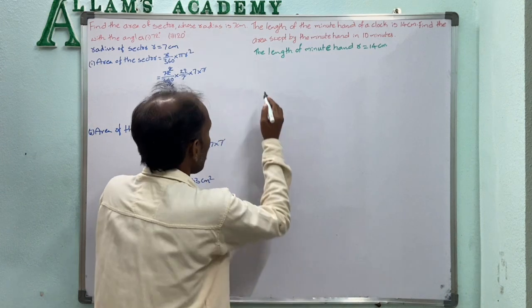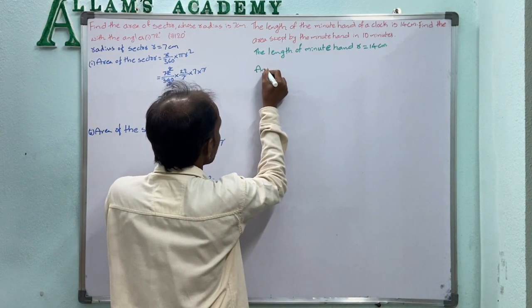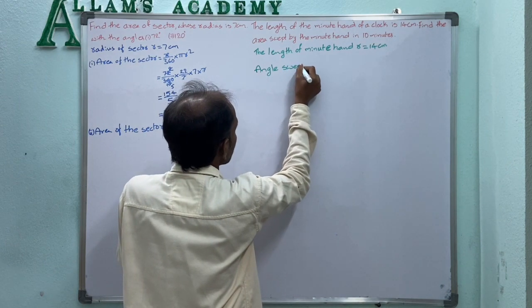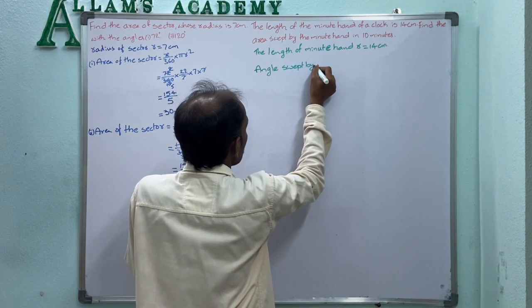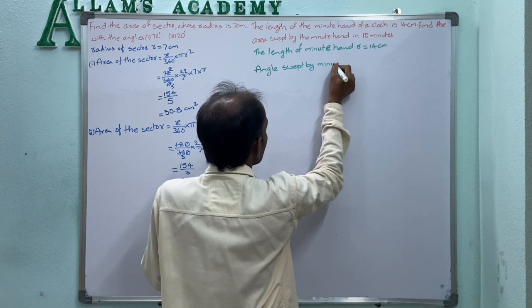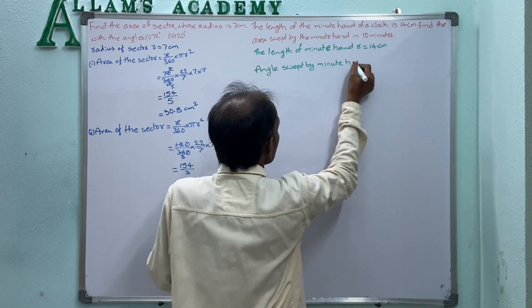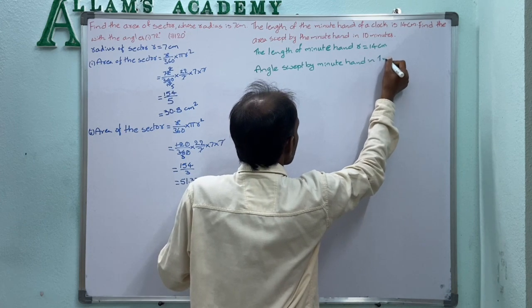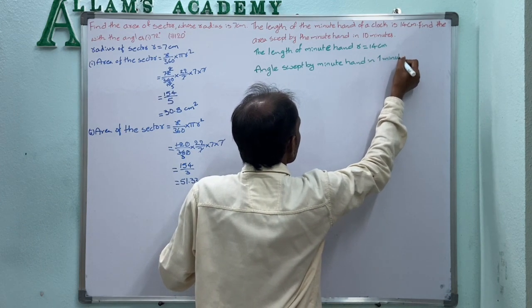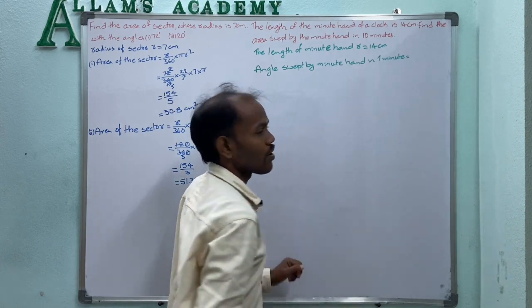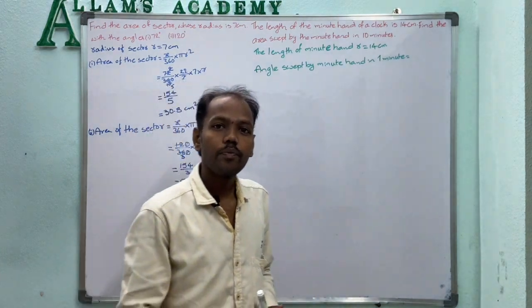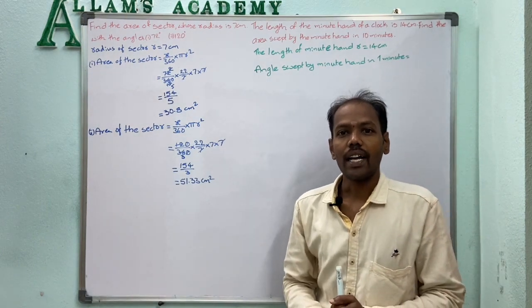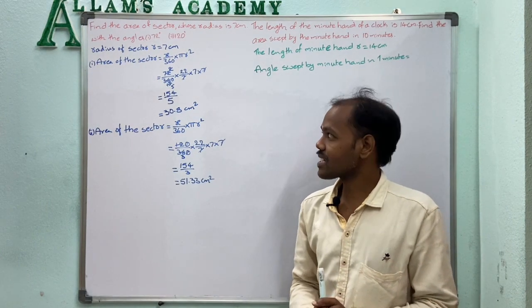So first, the angle swept by the minute hand in 1 minute, that we want to know. For a complete rotation the angle is 360 degrees.